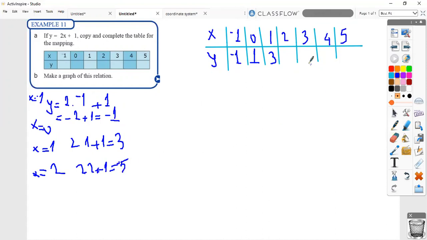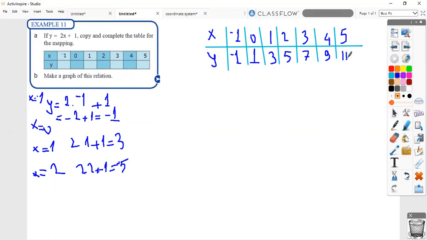I am not going to evaluate on the board directly, I can write. Here I got the sequence -1, 1, 3, 5, and it goes up by 2. Then the next one will be 7, then 9, and then 11.